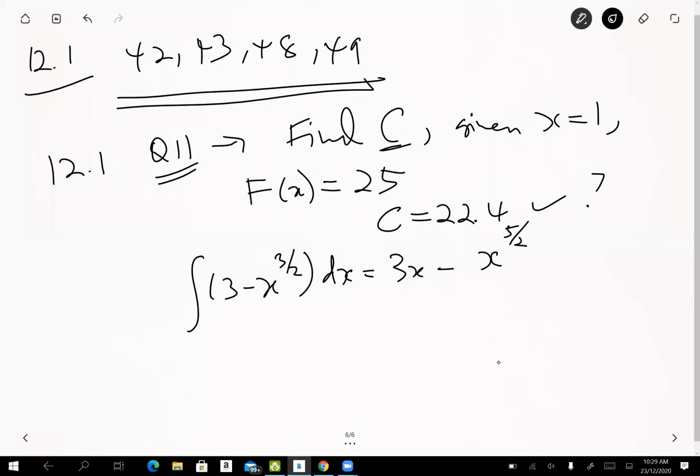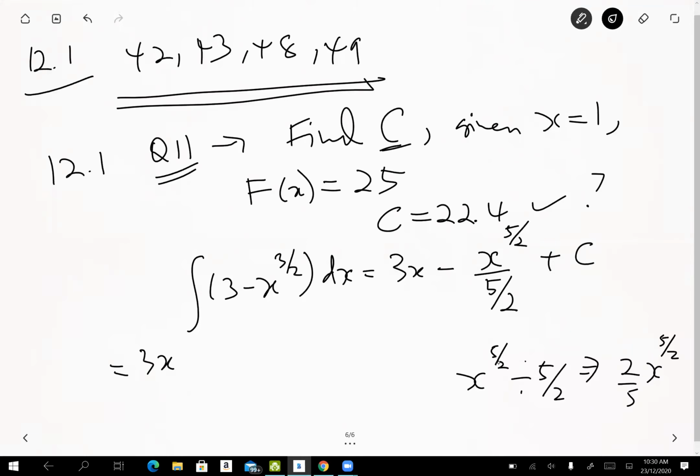Then divided by 5 over 2, plus c. Now you have x to the 5 over 2, you divide by 5 over 2. That will become 2 over 5 x to the 5 over 2. So flip it, that becomes multiplication. So that will be equal to 3x minus 2 over 5 x to the 5 over 2 plus c.